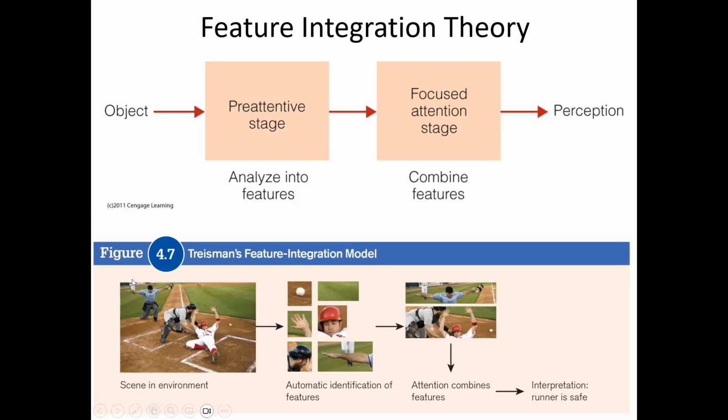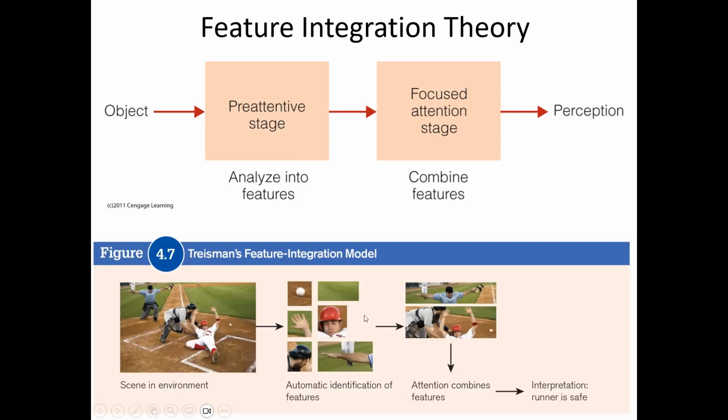So let's look at an example here. We have a scene in the environment, and this is more of just the object. And then we get into the pre-attentive stage, being able to automatically identify some features in the scene, such as the baseball player with the helmet on, the catcher, the hand of the baseball player, the umpire's arm and his signal here, the baseball, the field.